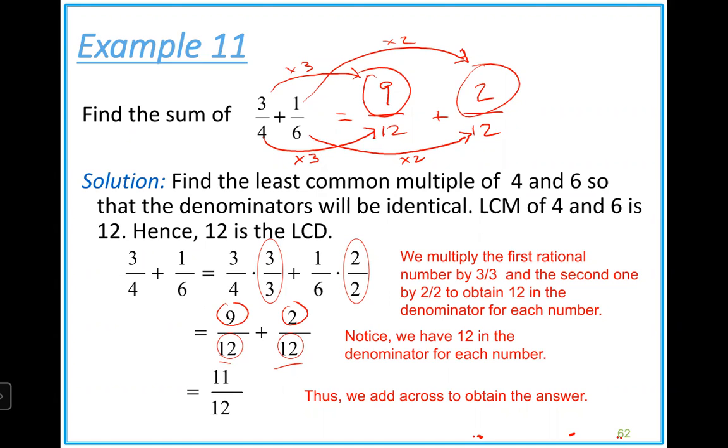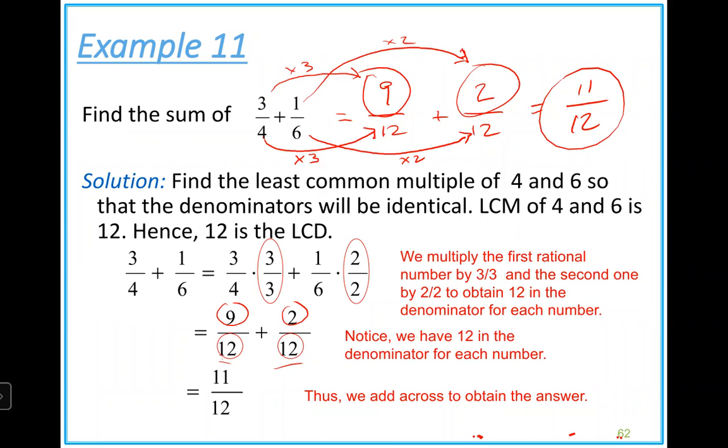So the point of adding or subtracting fractions is that you have to make the two denominators the same. Once you make them the same, then you can add the numerators. So 9 plus 2 is 11. That's 11 over 12, and that's your answer for that one. That can't reduce. So that's it.